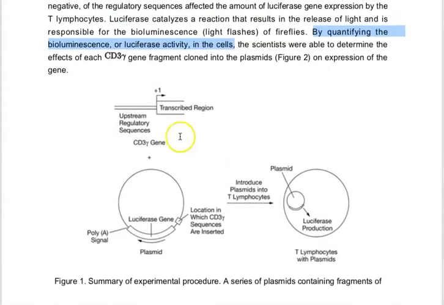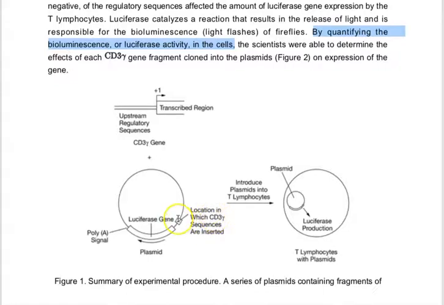So basically what happened, you have this regulatory sequence, the CD3 gene, which is a regulatory sequence, and it's right upstream of a region that contains the luciferase gene. This is the location that was used in the plasmid for the CD3 regulatory gene sequence.